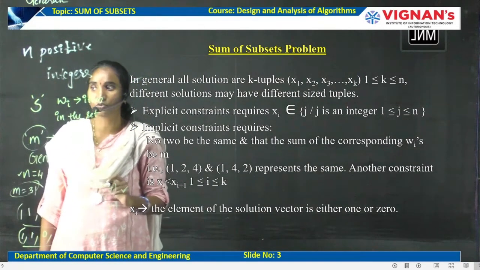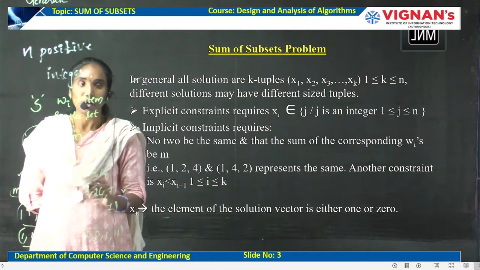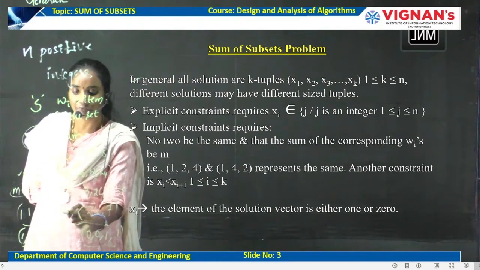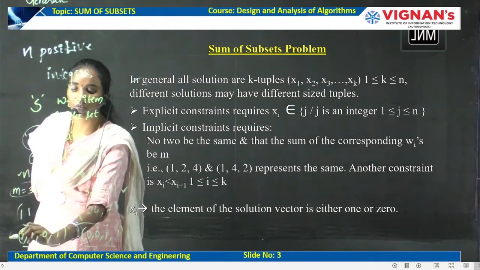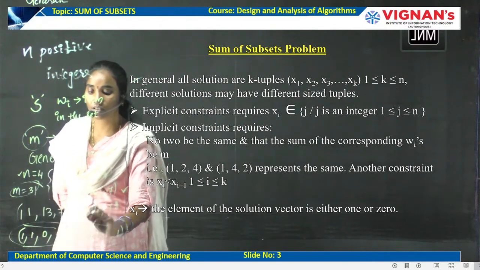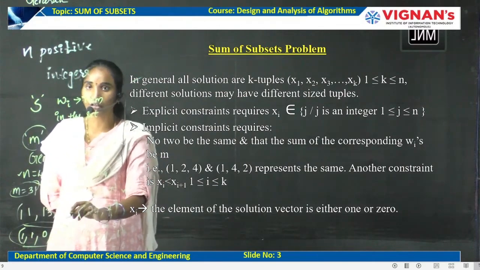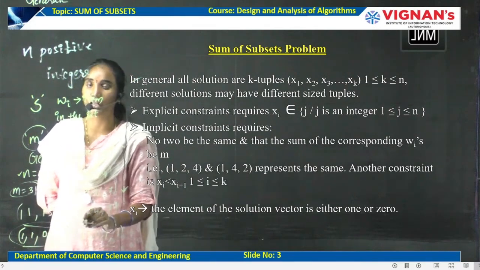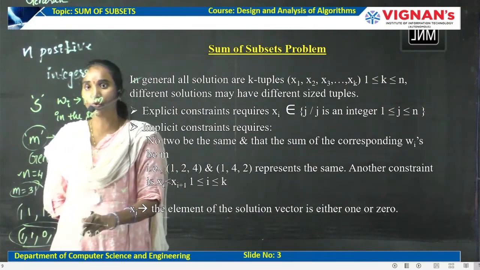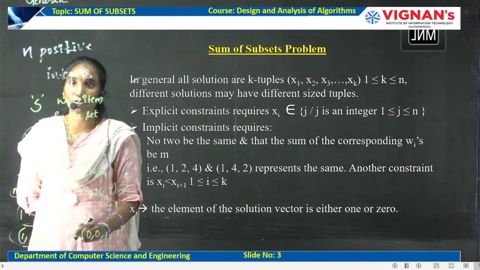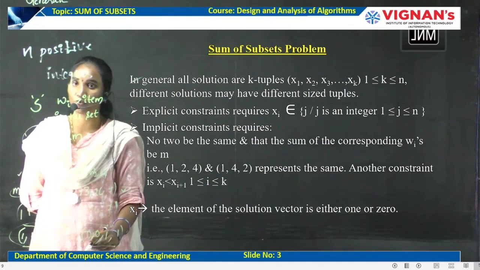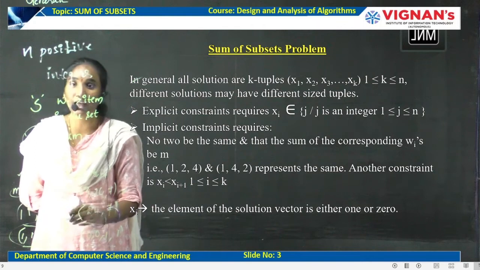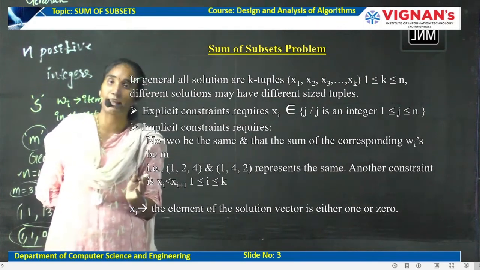In general the solutions are k-tuples. For example, here I have 4 elements, so the tuple solution is x1, x2, x3, x4. If there are k elements, I will have the solution from x1 to xk.